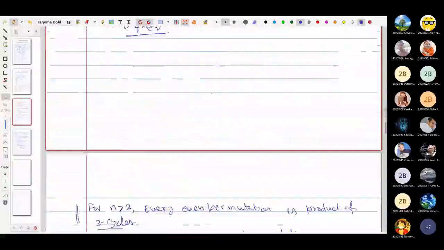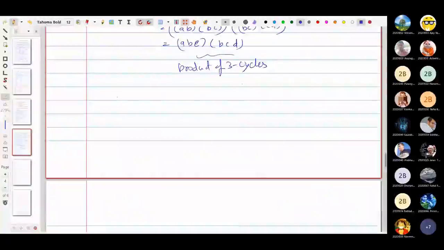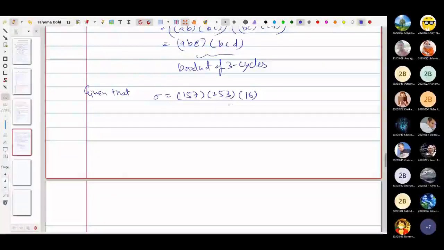Given sigma equals (1 5 7)(2 5 3)(1 6), you see that 5 is common in the first and second, and 1 is common, so they are not a product of disjoint cycles. So first write them as a product of disjoint cycles.